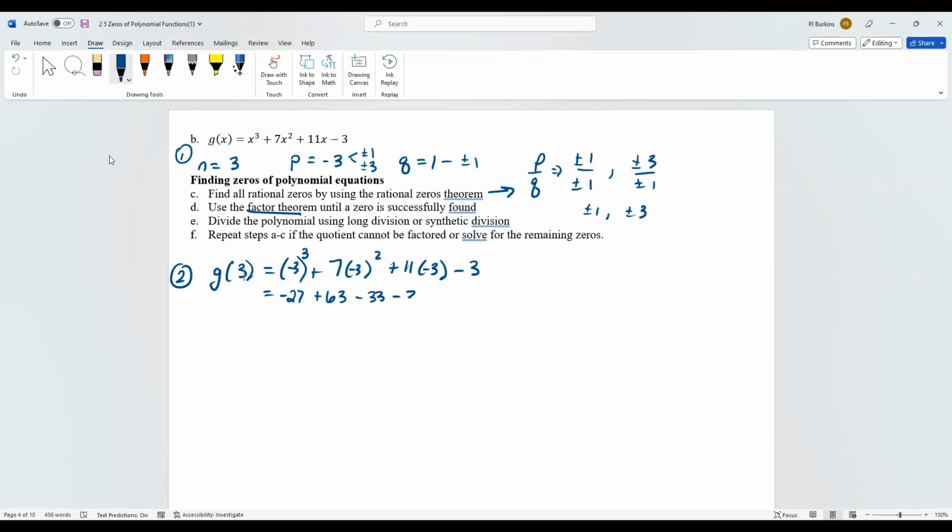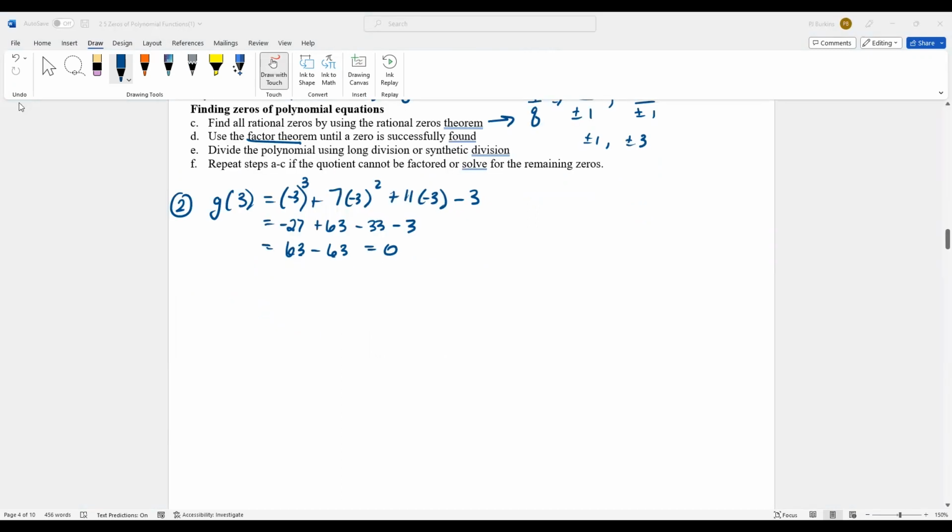And then -3. So we have -27 and -3, that's -30, plus another -33, that's -63. So this looks like it is, in fact, going to be one of our roots. So I missed my negative right here.